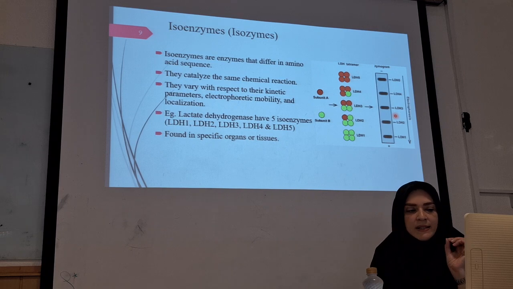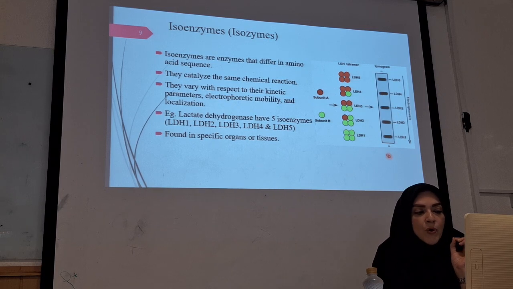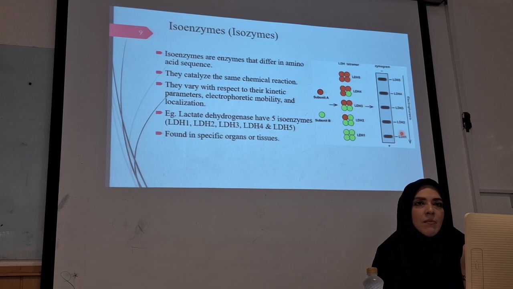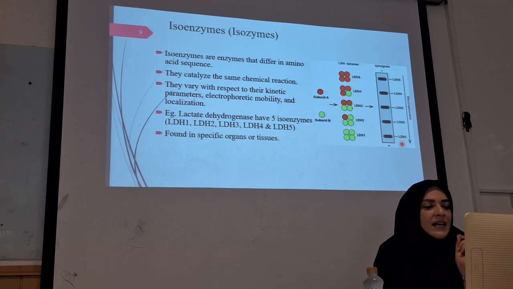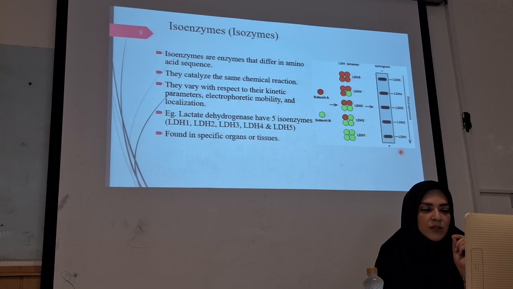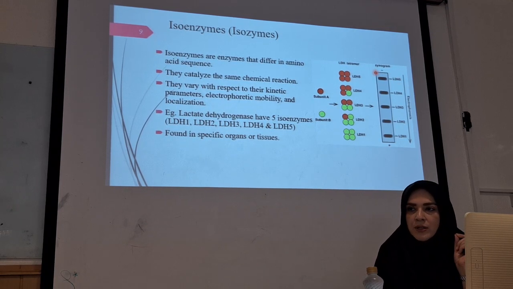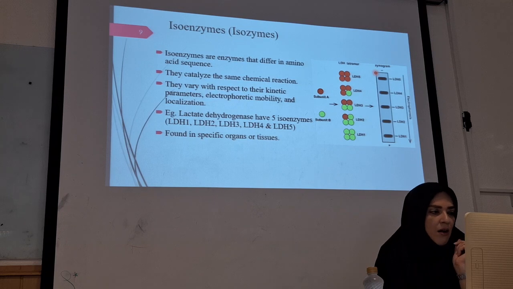You should consider that this is the anode, and this is the cathode. The most anodal isoform receives the lowest number, okay? So the isoform that is nearest to the anode receives the lowest number, and the isoform that is near the cathode receives the highest number.